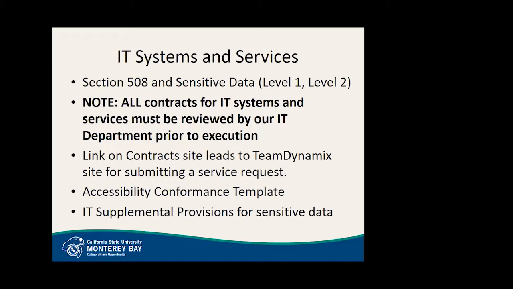It involves something that we used to call a VPAT, but now it's called an accessibility conformance template. That is a criteria that we're going to be asking the vendor to complete. It reaches into the 508 regulations, and depending upon the nature of this IT service, whether it's a commodity or a service, a software, how it interacts on several different formats, it's going to be testing or assessing the accessibility of this product.